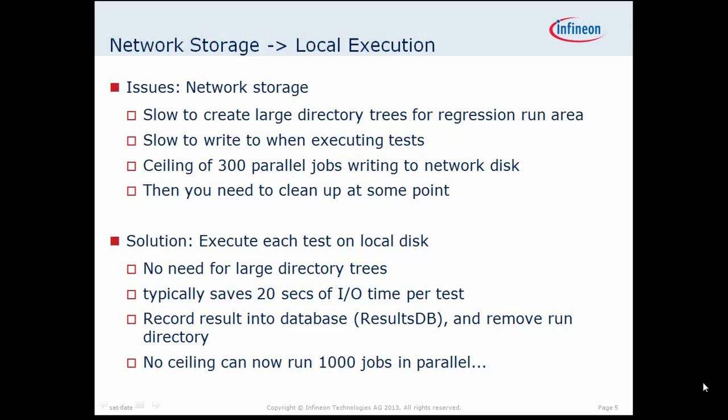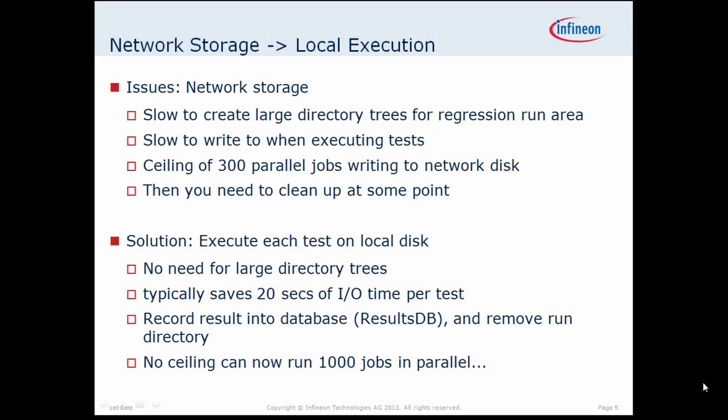So our solution was to move to local disk. Every machine has a disk on it storing its operating system, but there's also a lot more space available, so we could use that. So what are the advantages of this? Well, there's no need for generating those large directory trees on the network filer.